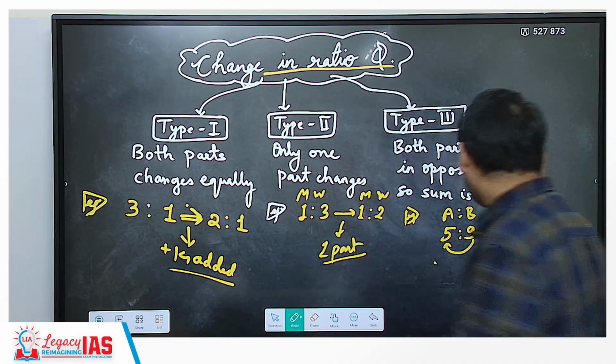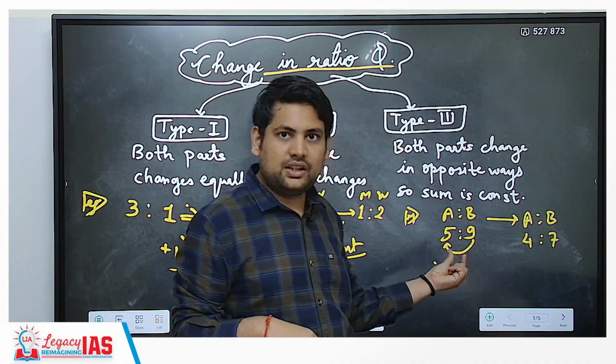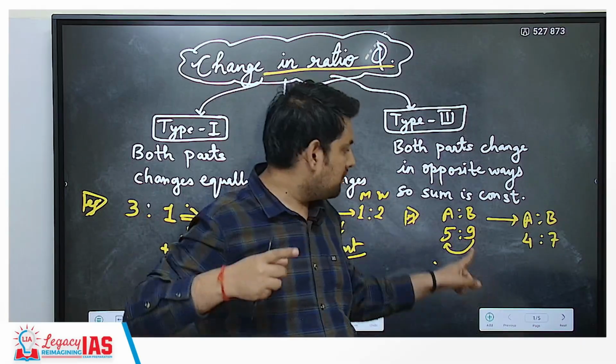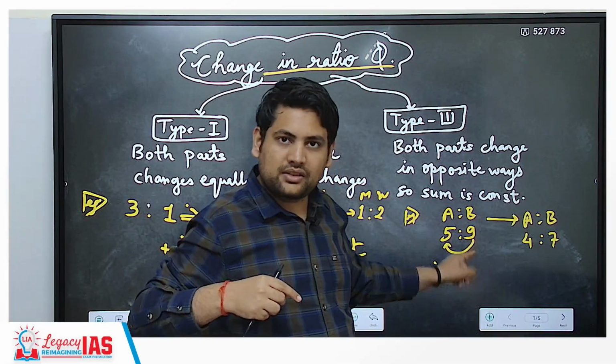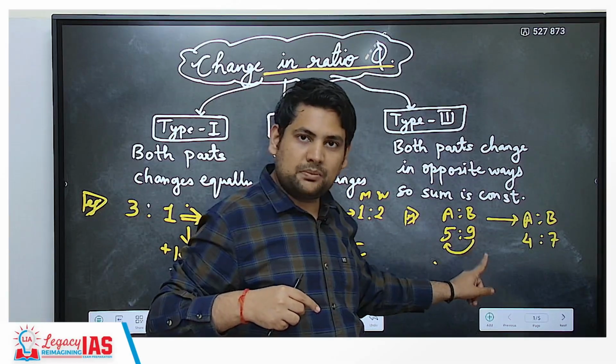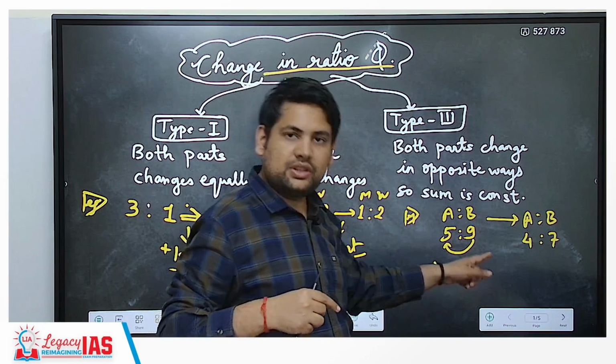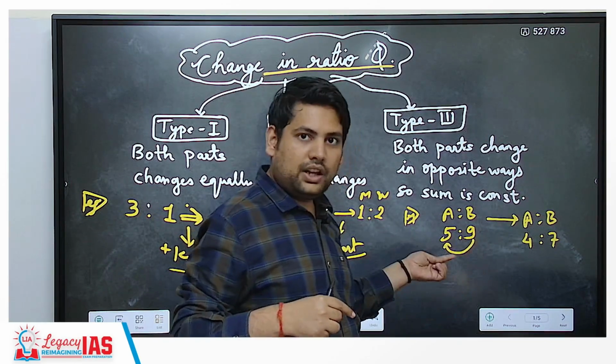Now here if you see, both parts are changing, but they are changing in opposite direction because some marbles are being subtracted from the B side, that is from the second part something is being subtracted, and in the first part something is being added because this is a transfer from B to A, correct?